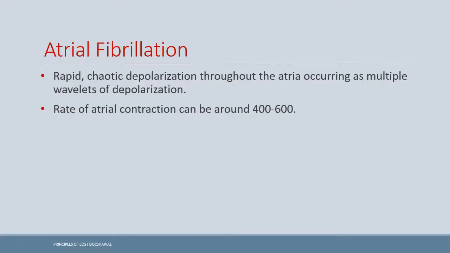Okay, so let us define atrial fibrillation now. Atrial fibrillation is a rapid, chaotic depolarization that involves multiple wavelets of depolarization, as I've already stated, that causes the production of F waves or oscillatory waves. The atrial rate in atrial fibrillation is 400 to 600.